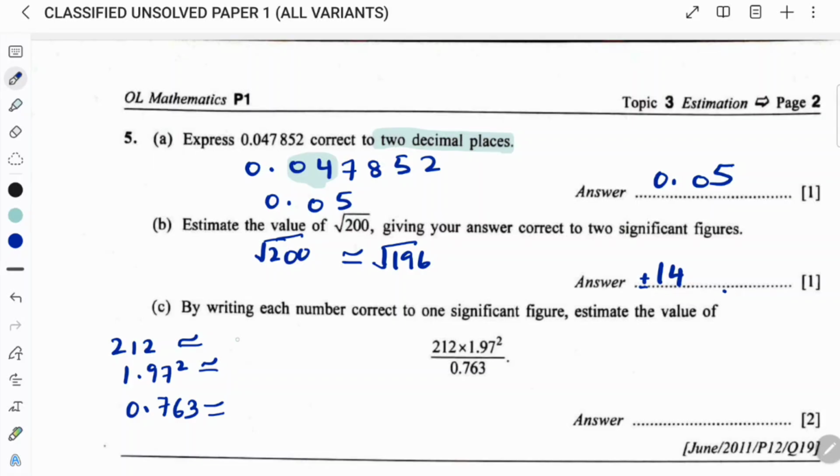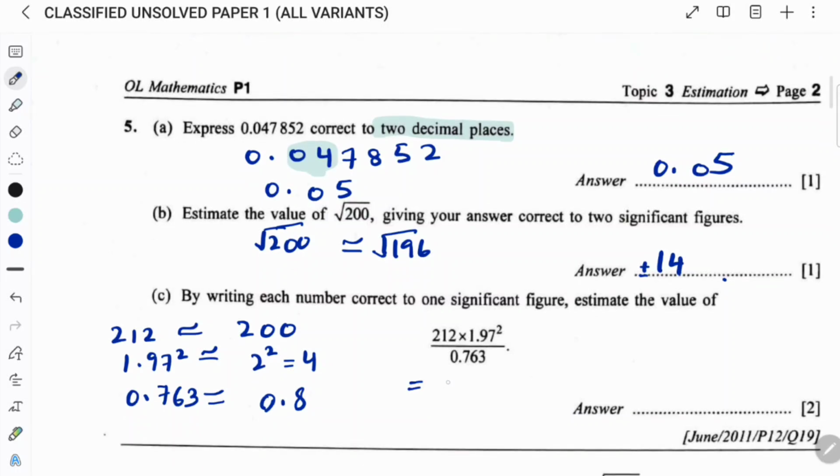So 212 I can write down as 200, 1.97 as 2 squared, which is equal to 4, 0.763 is equal to 0.8, corrected to one significant figure. So place the values here: 200 times 2 squared, with 2 squared replaced as 4, divided by 0.8.